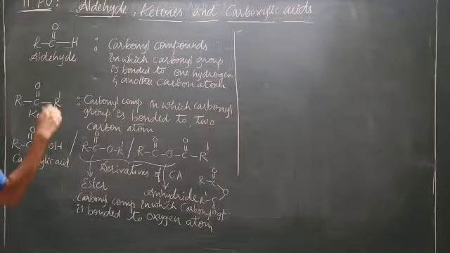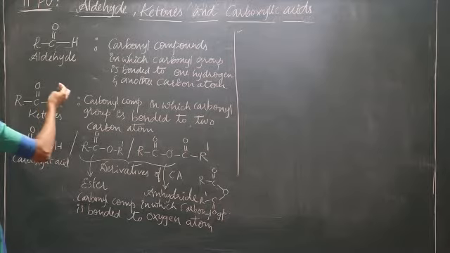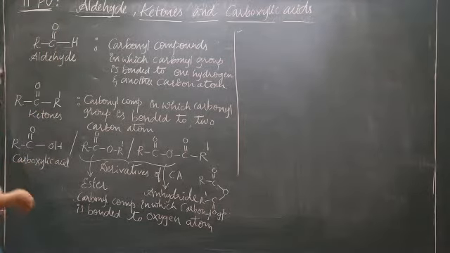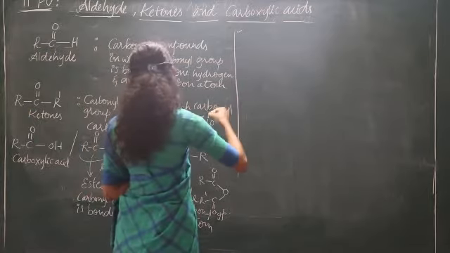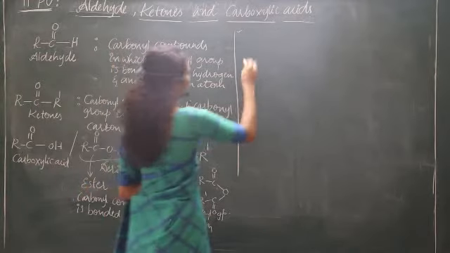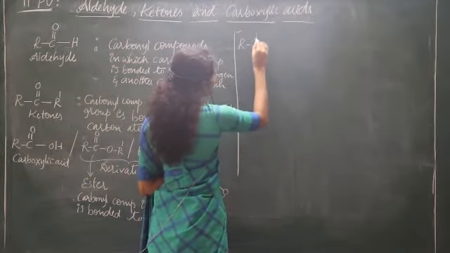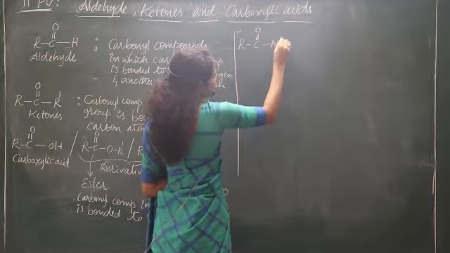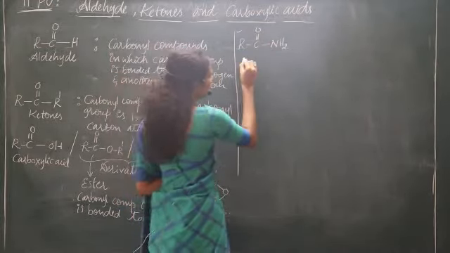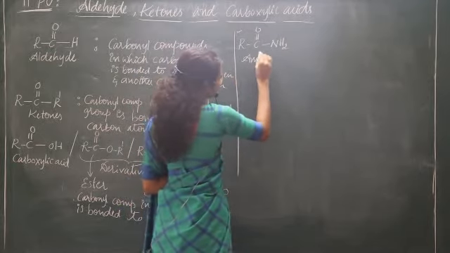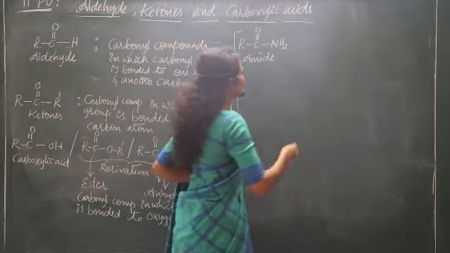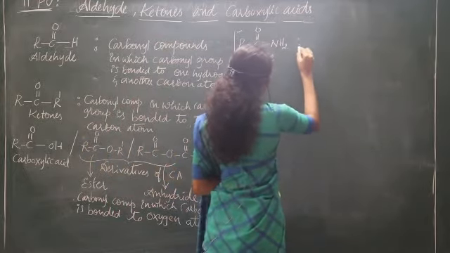Next, what about other compounds having the carbonyl functional group? Let us take two more compounds containing the carbonyl functional group. First one is R C double bond O NH2. What is this compound? This is an amide functional group, right? What are amides?